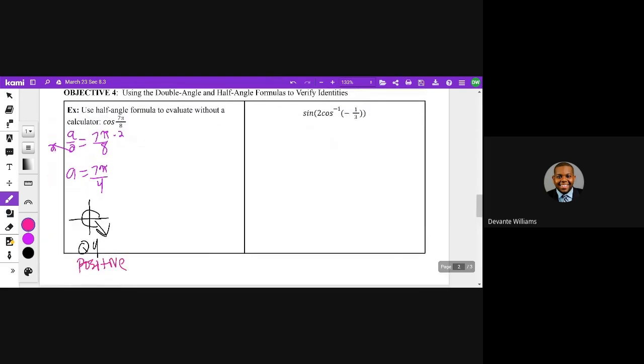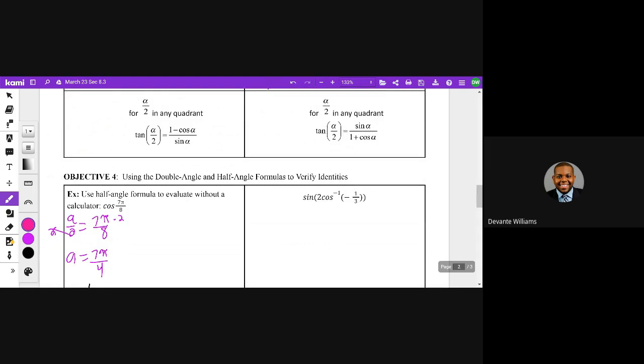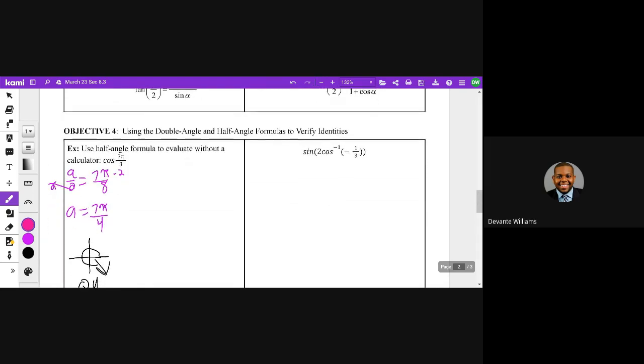All right, so next, we know that alpha over 2 is 7 pi over 8. What quadrant is that in? The half angle. So we want to grab 7 pi over 8. That should be in quadrant 2.